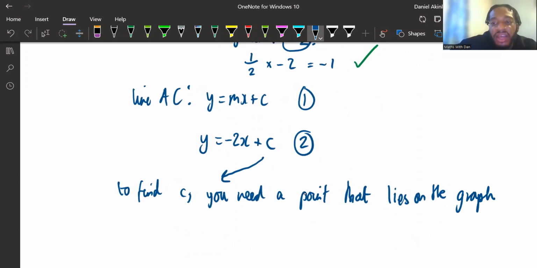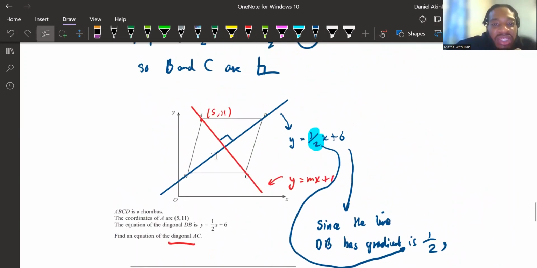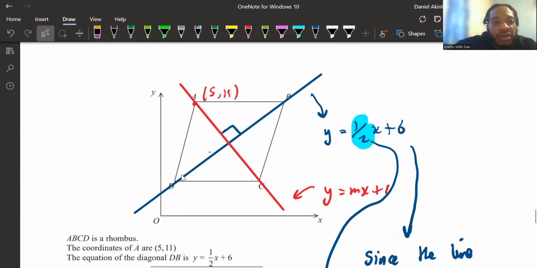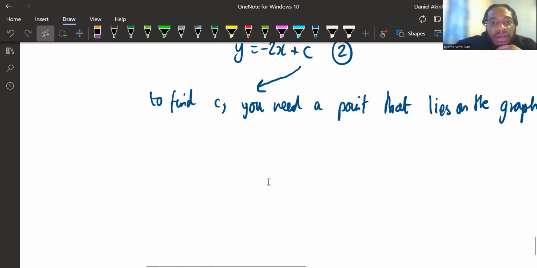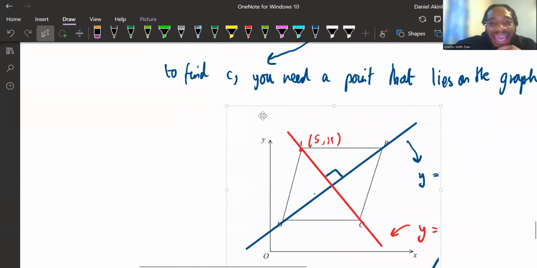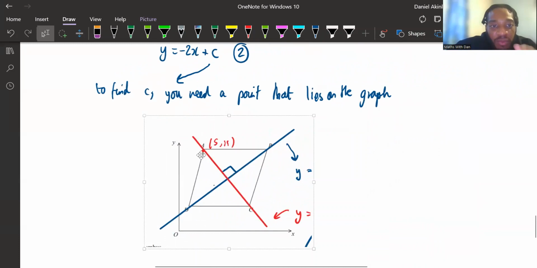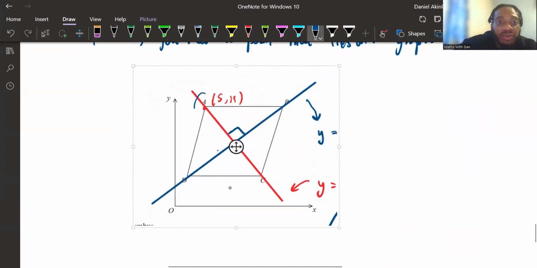So if I get that diagram again, we can see from the diagram that the point A lies on the graph, doesn't it? The point A lies on the diagonal AC. I'm just going to put a circle here.